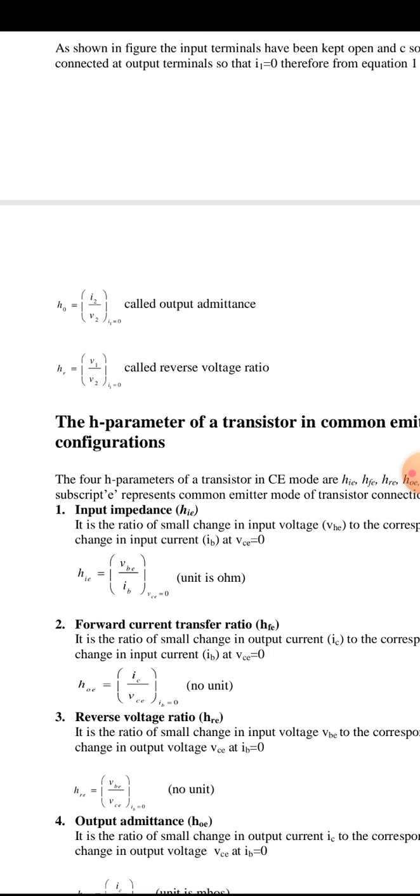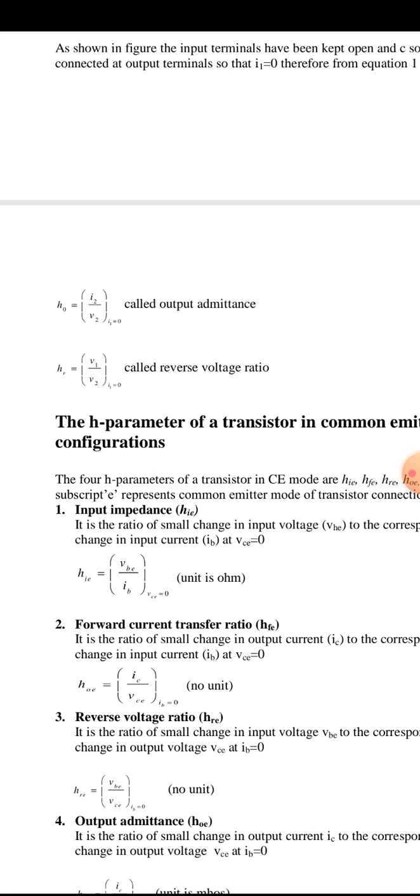The input side voltage is the voltage between the base and emitter, and the input current is the base current. You already learned in second semester how the common emitter configuration works.